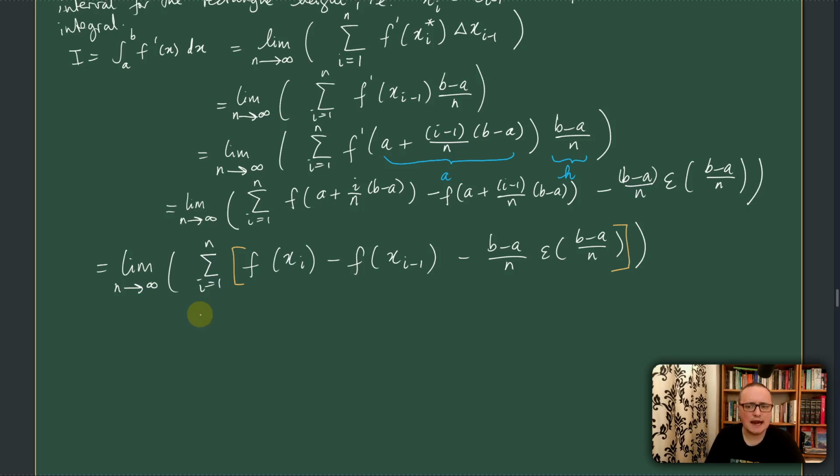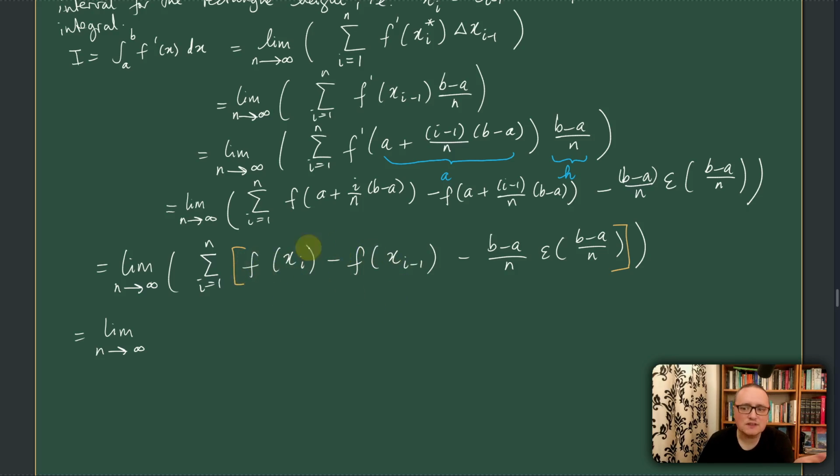Now we can actually carry out this sum because a lot of the terms are going to cancel in there. Because each time you have an f of xi, that will be cancelled by the following negative term, negative f of xi minus 1, when i has progressed to the value 1 bigger. So each positive term, f of xi, gets cancelled by the following negative term, negative f of xi minus 1, for the following value of xi.